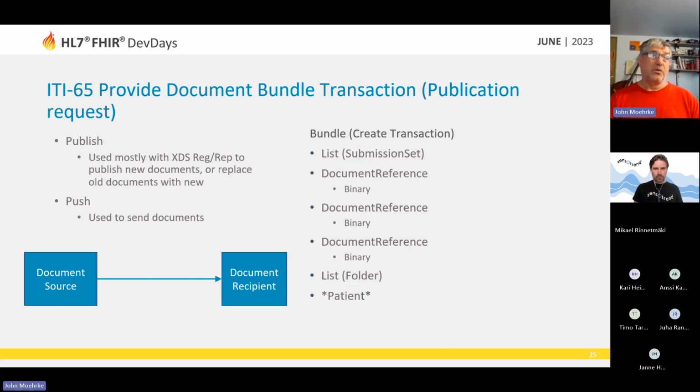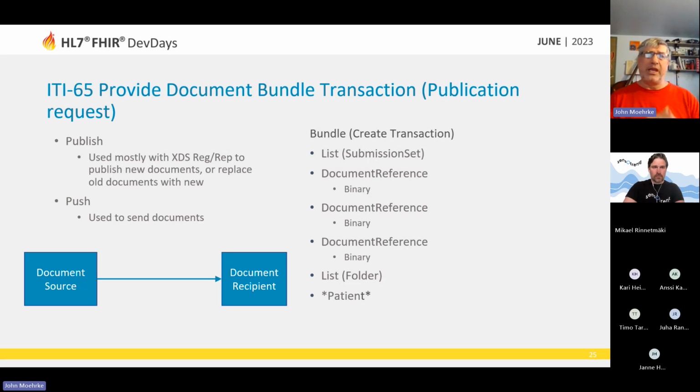So we have a transaction where the content is nothing more than a FHIR document or a CDA document. And the recipient of that transaction, it's a contract, will look through that structured content and derive the document reference and invent a submission set and do the right thing. So we have a lighter weight version of that.